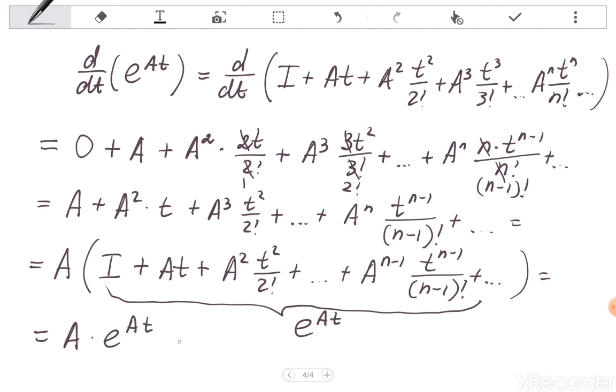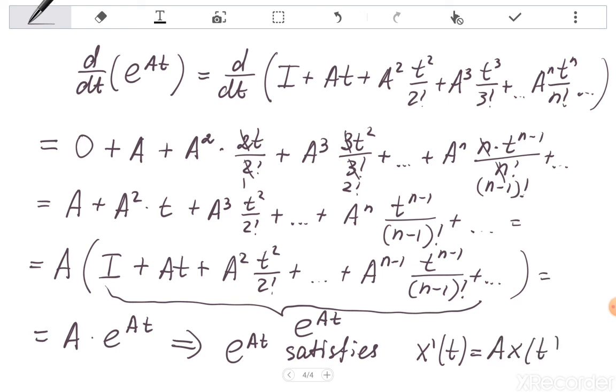Therefore e to the At satisfies the system x prime of t is A x of t. So indeed it satisfies the system, and of course if we multiply this by any constant vector, it will also satisfy the system.